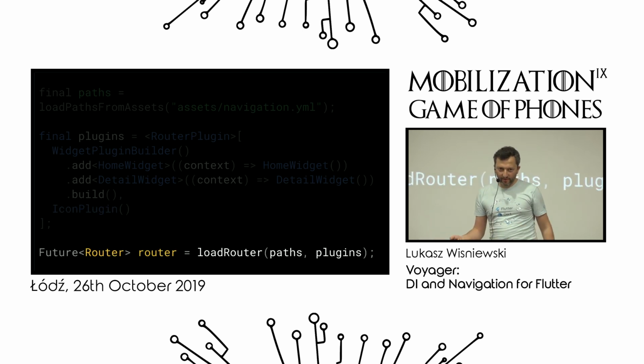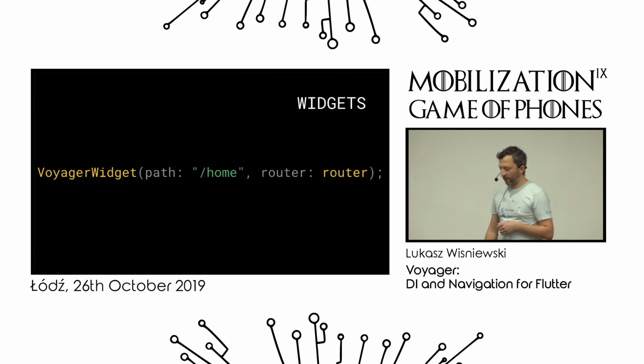Having paths and plugins, we can now start using a router in our app. Here's how you can do it. You embed essentially any path anywhere amongst your widgets. You pass a path and the router.